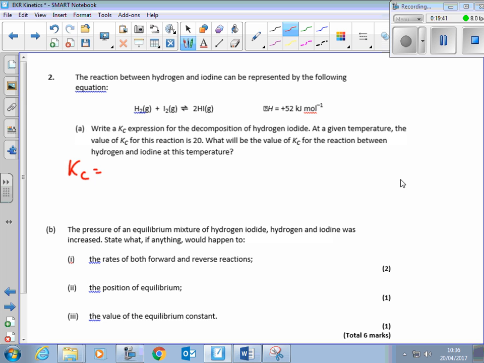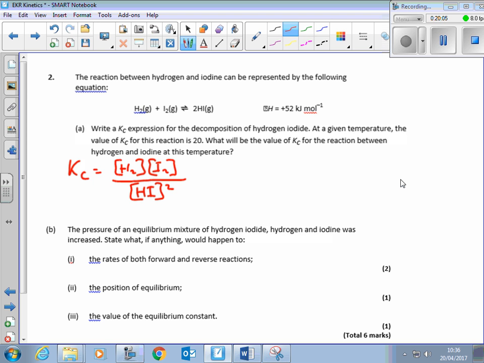Kc equals, yeah, the H2 and the I2 have got to be on the top, haven't they? Because it's actually the back reaction that we're being told to do. So we've got the H2, we've got the I2, and then on the bottom HI to the power 2. So that's the first bit.